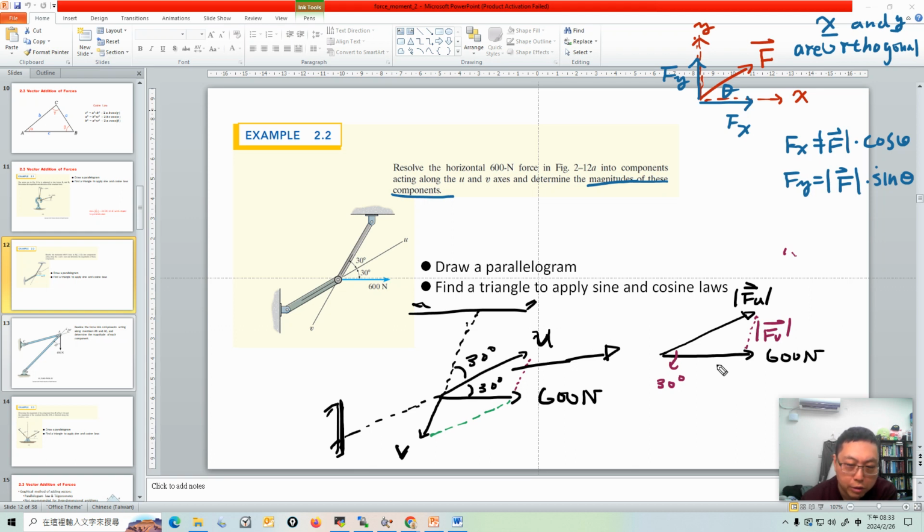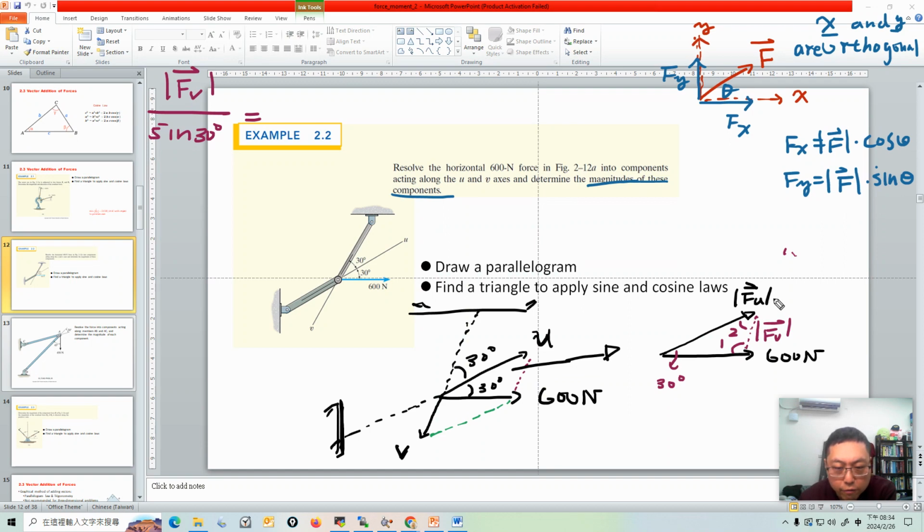For a sine law, you need three angles and the sides. Okay, so let's list the sine law first. It's angle 1 here, angle 2 here, because it's 30 degree, we already know. So for the sine law, FV's opposite angle is here, so it's sine 30 degree equal to, yeah.